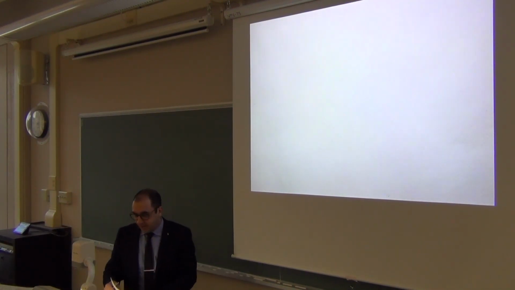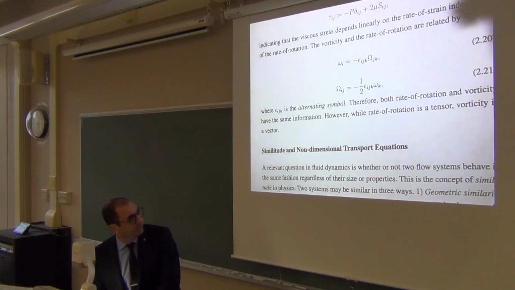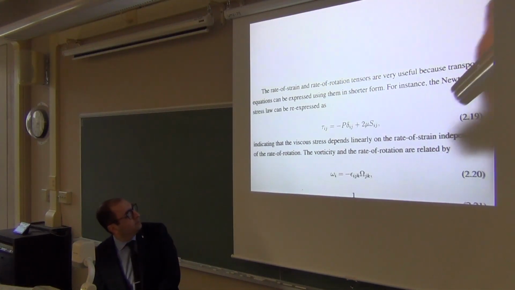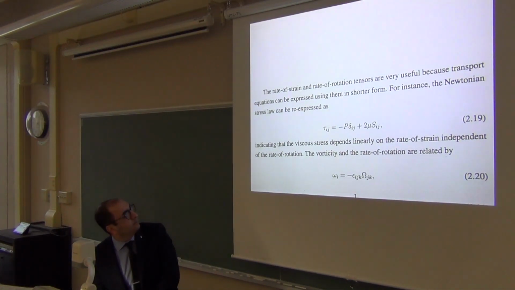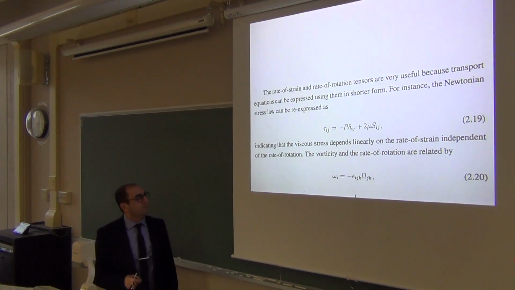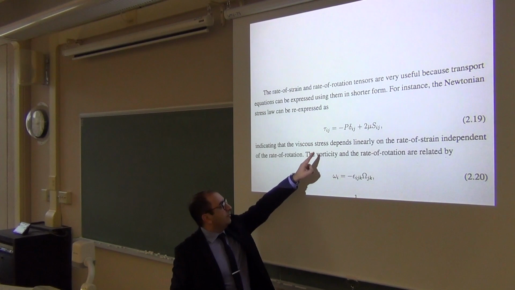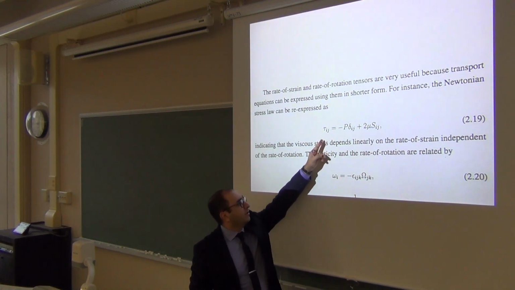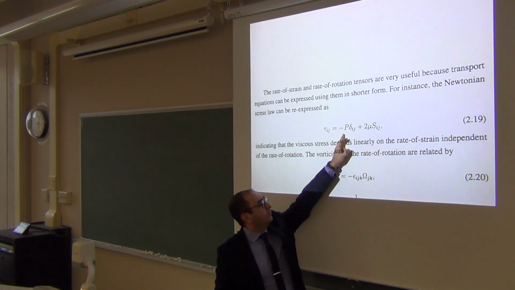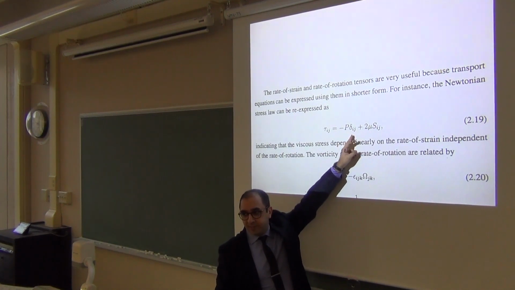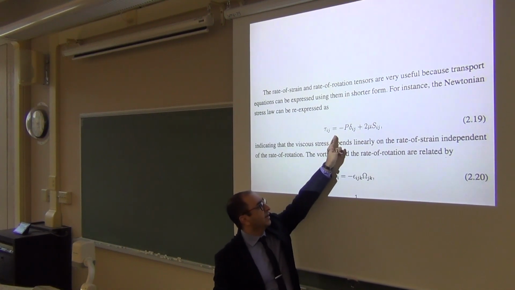Now let's tie this back to the Navier-Stokes equation. I showed you the surface stress tensor before, tau ij. Well, the first one we agreed would be the normal component, pressure times the delta function, with the negative sign.